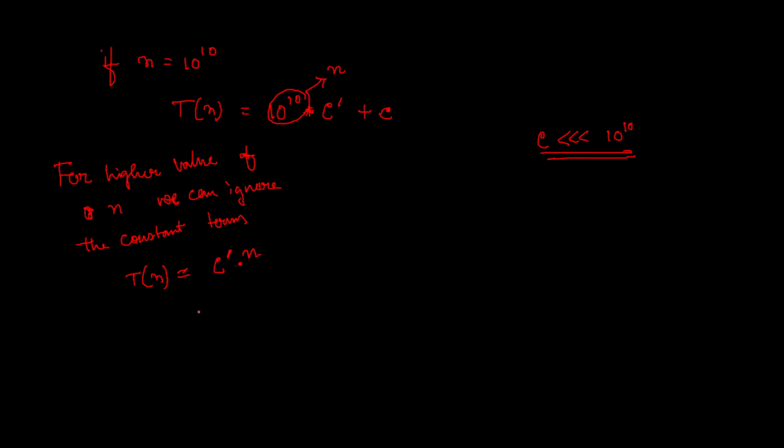So we can say that this T of n will follow the order of a class of function, big O of f of n, where f of n is equal to n. So as a whole we can write T of n equals big O of n.